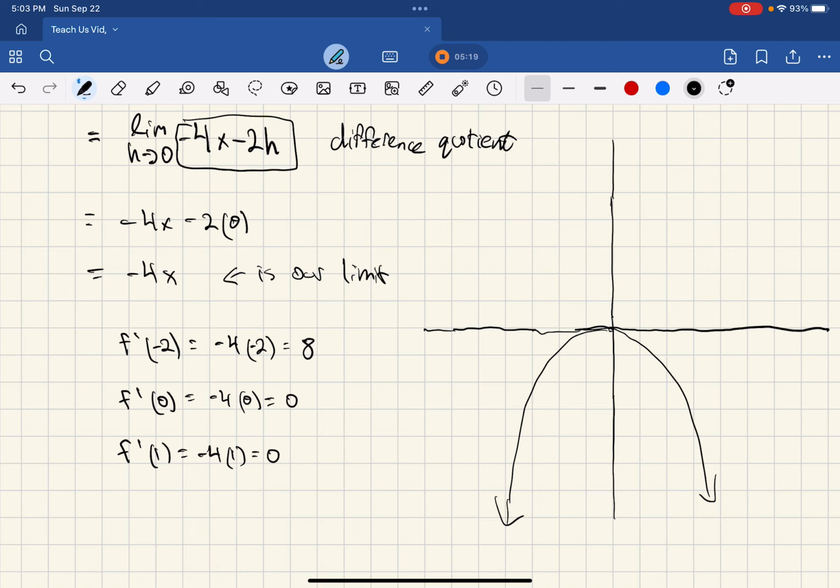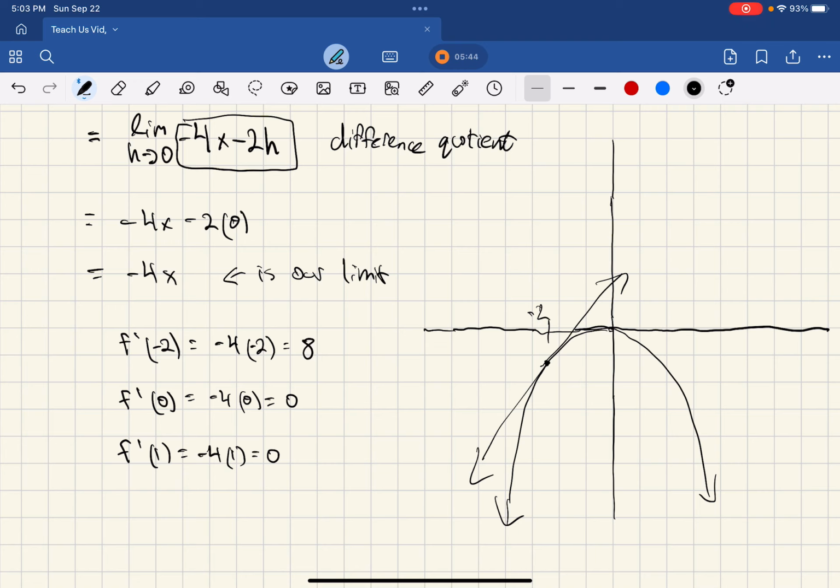So let's say x equals negative 2, it's like here, and then we have this point here on our function, and we draw a tangent line, and for this tangent line, our slope is going to be 8.